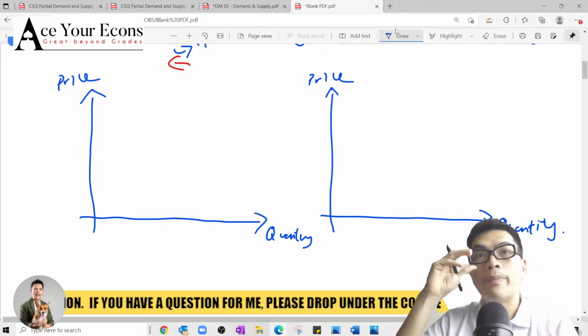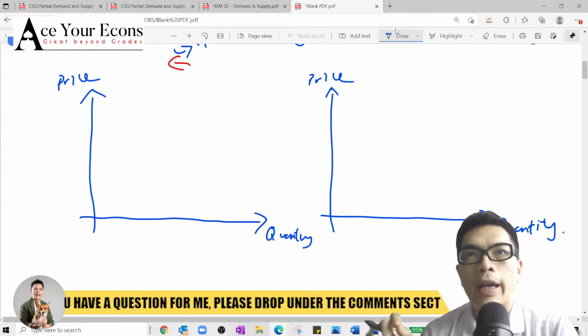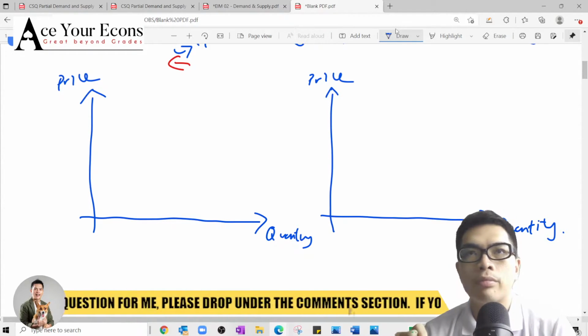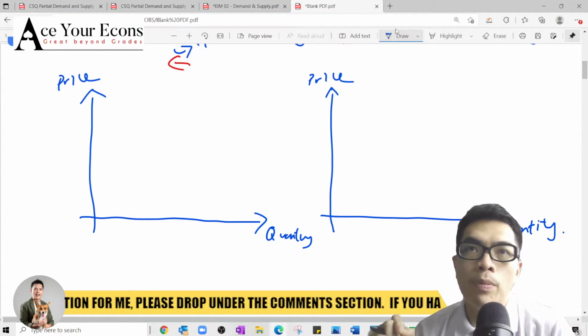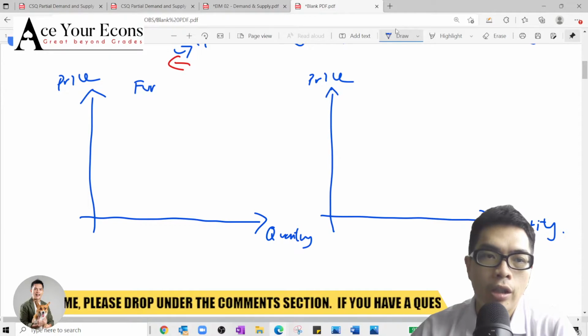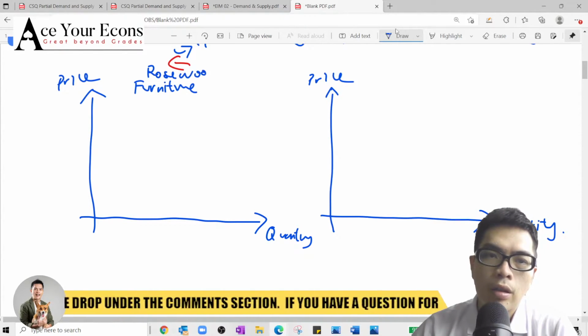So derived demand, normally when we see this, we are looking at a specific factor of production. What do we mean by factor of production? I'll come up with this example. Furniture. Rosewood furniture, right?